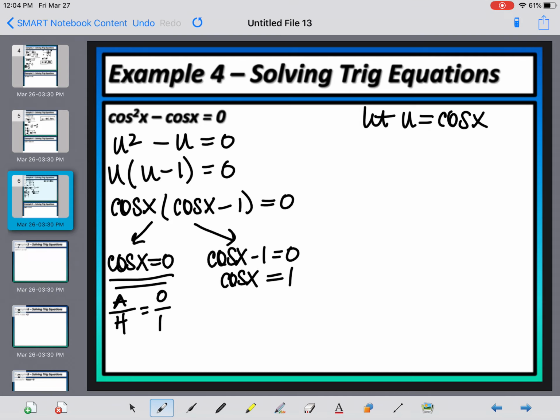Now we can't use negative 1 because that would mean the hypotenuse is negative, and we know that's not possible. Okay, the adjacent side, there's no triangle that ever has the adjacent side of being 0, which means that this is possibly quadrantal. So let's look at our setup for quadrantal.